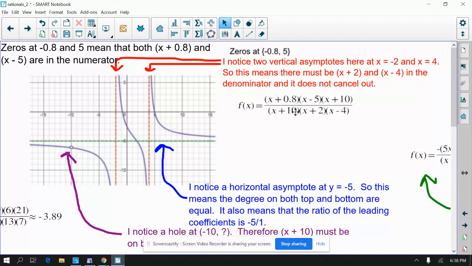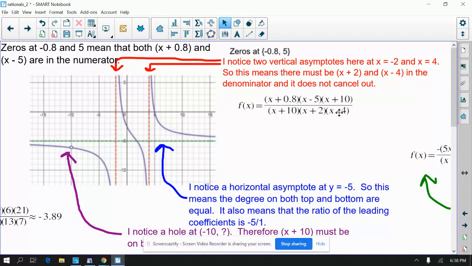But remember, there's a horizontal asymptote at y equals negative 5. As it stands right now, I've got a third degree in the numerator and a third degree in the denominator. So that means there's a horizontal asymptote wherever the leading coefficients divide out to. Well, if I were to multiply this all out, my leading coefficient would be 1x cubed.